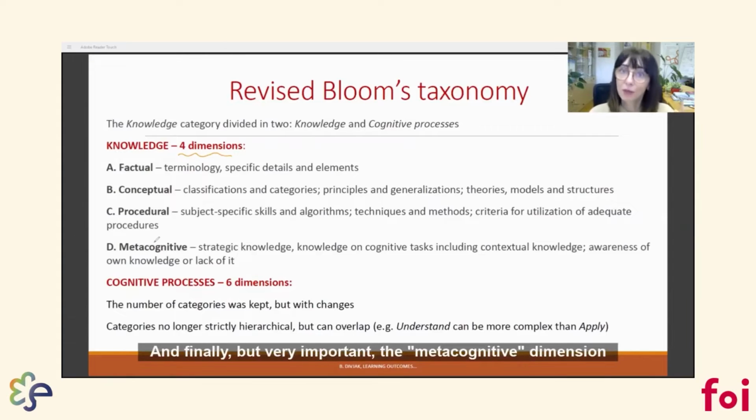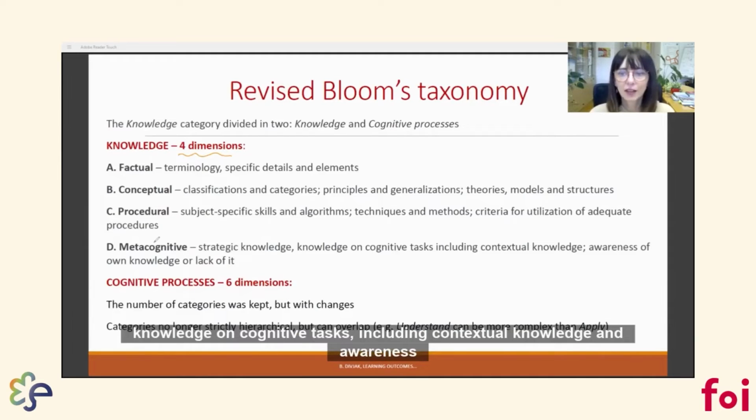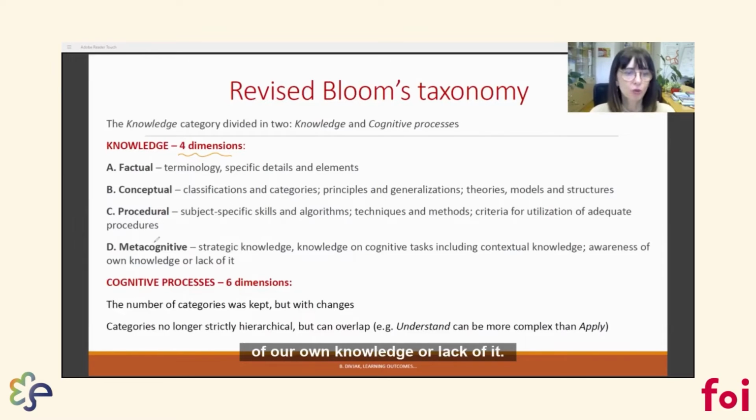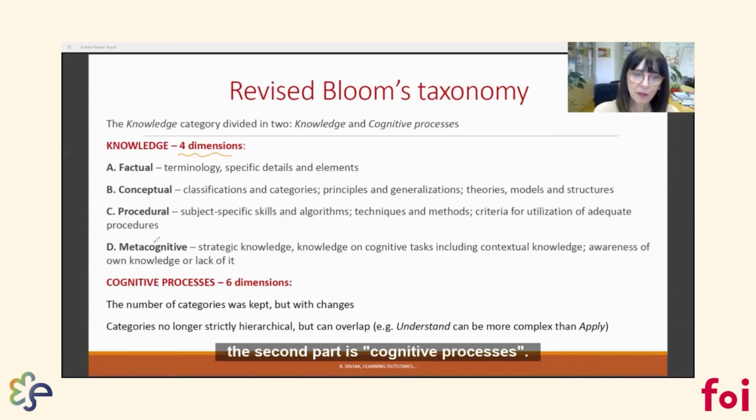And finally, but very important, the metacognitive dimension includes strategic knowledge, knowledge on cognitive tasks, including contextual knowledge, and awareness of our own knowledge or lack of it. So the knowledge dimension is what I mentioned, and the second part is cognitive processes.